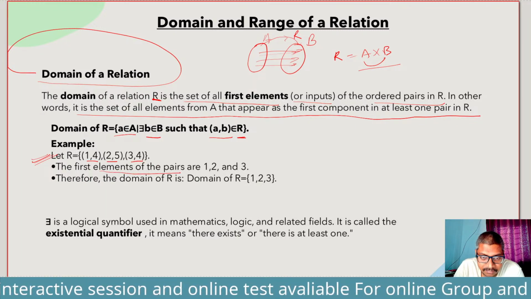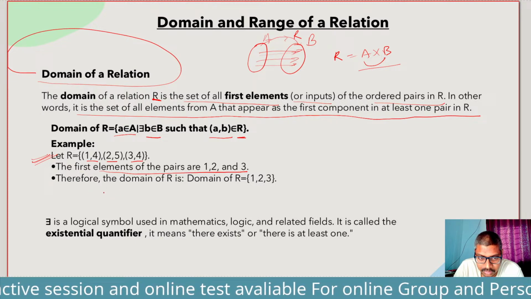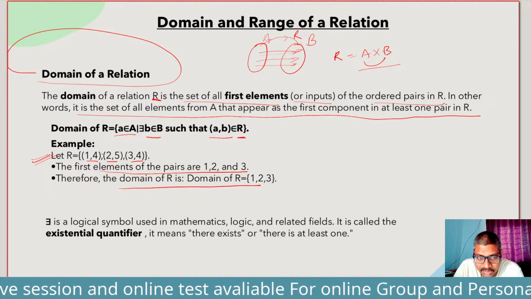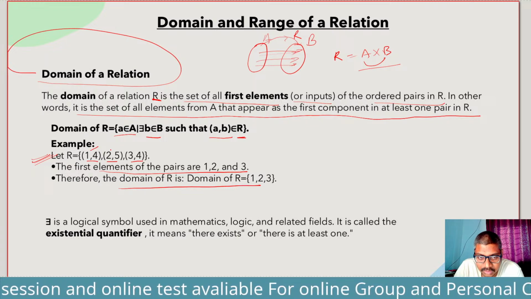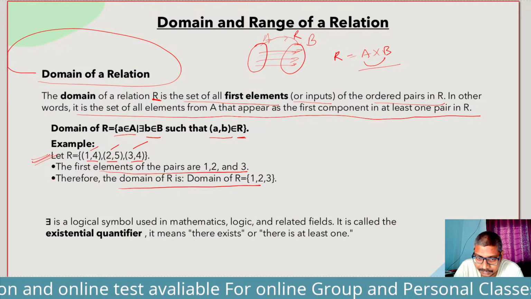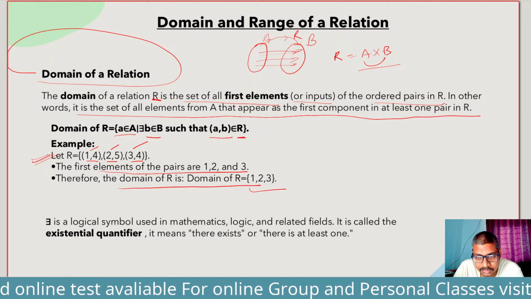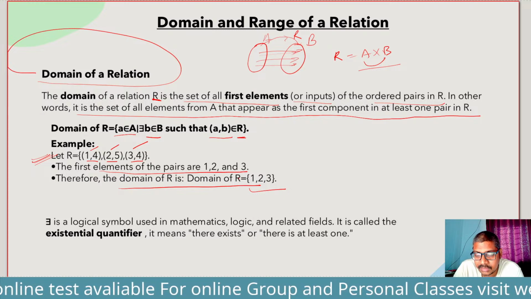The first elements of the pairs, 1, 2, 3, are the domain. So the domain of R is 1, 2, 3, means the inputs.